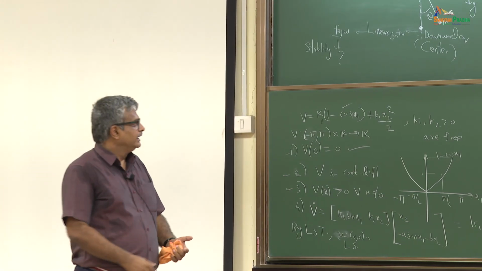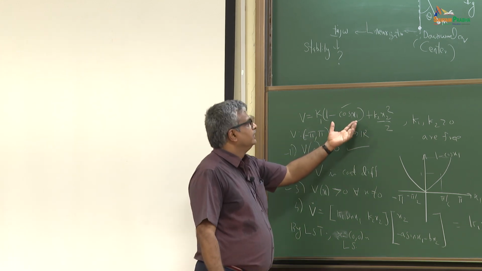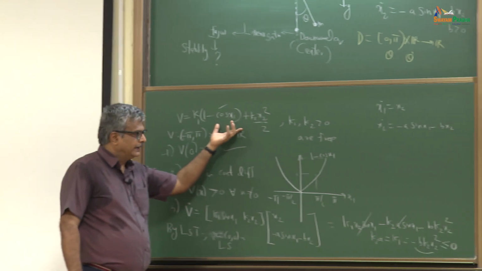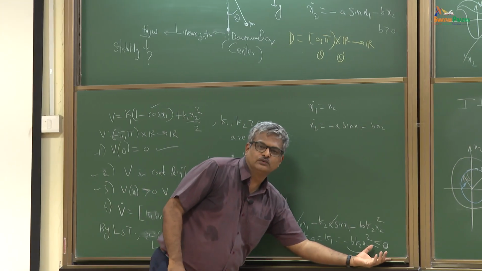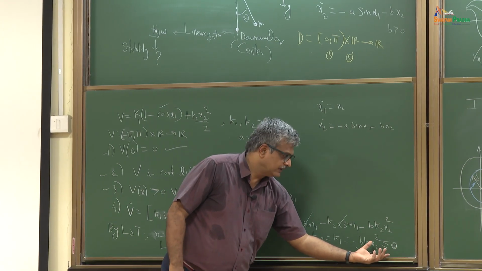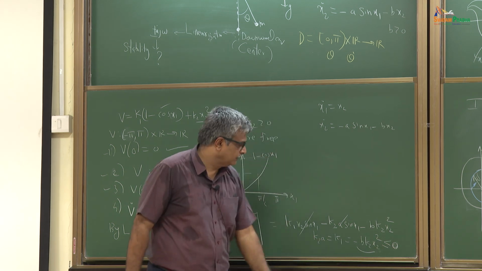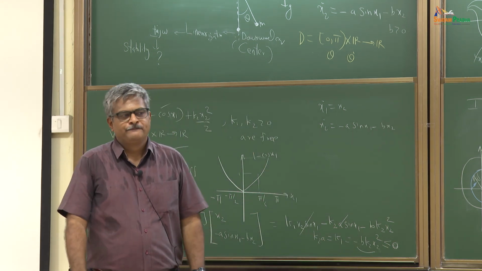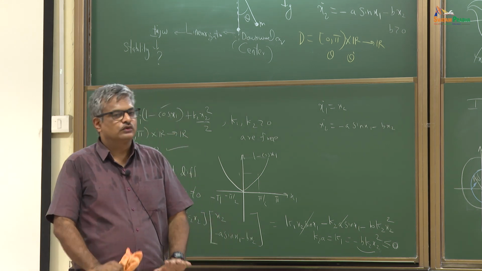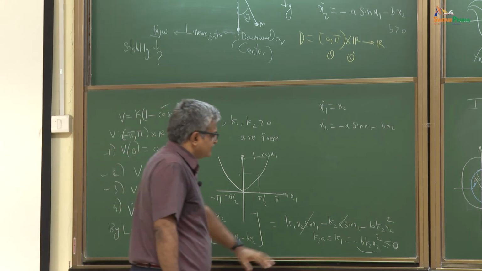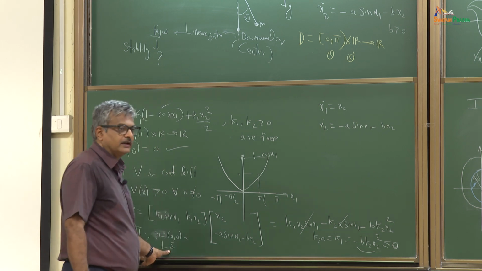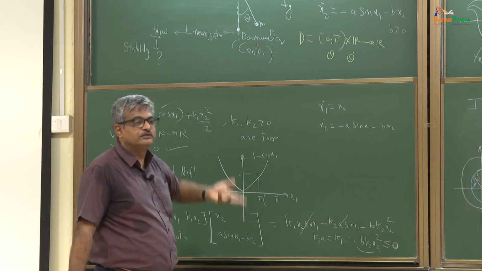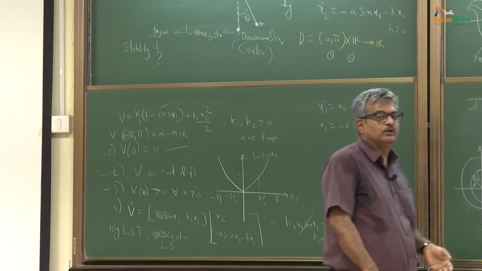That means suppose whatever V you took, you could not get V dot negative, you cannot conclude anything, right? So they are only sufficient conditions. If it is negative, yes, please go ahead and conclude. But if you cannot, that means there may exist another function which could be negative. So all that you have to do is keep searching.